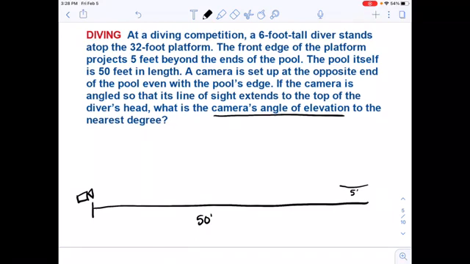And then the diver, let's look again, a diver stands atop the 32-foot platform. So this is actually way up higher than I had it. So this is up 32 feet.